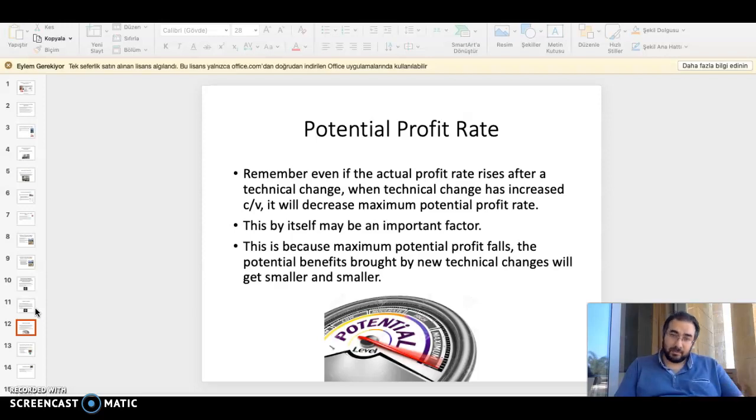When the wages remain the same, when the buying power of the wages remains the same, the innovations tend to increase the profit rate. Even if this is right, maybe there might be some rules in the economic system which may make the profit rate fall, basically.